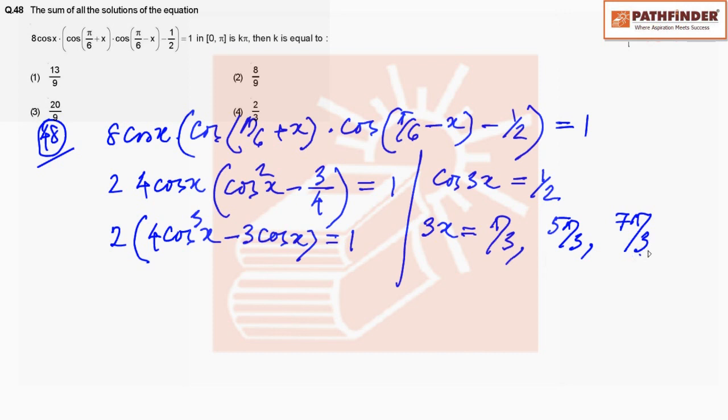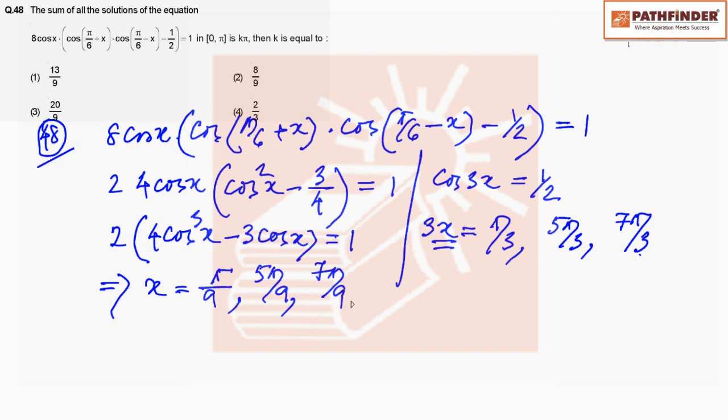Because as you know, x will lie between 0 to pi, so x will be pi by 9, comma 5 pi by 9, comma 7 pi by 9.